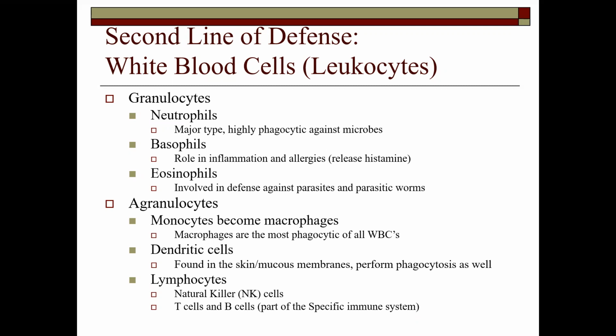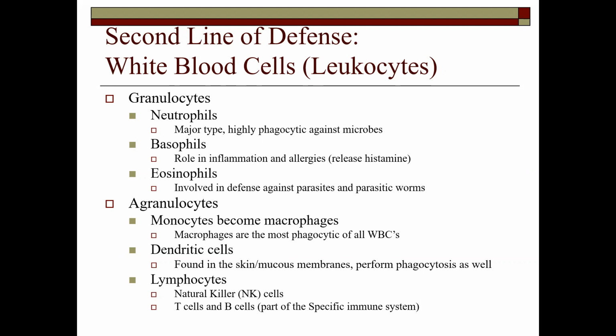Then we have the agranulocytes. So agranulocytes are the ones that don't have the grit kind of thing inside of them. The first type are called monocytes, and monocytes become macrophages. And macrophages are also extremely important to the nonspecific system in the same way that neutrophils are very important because of how phagocytic they are.